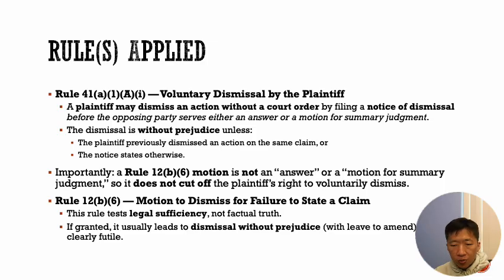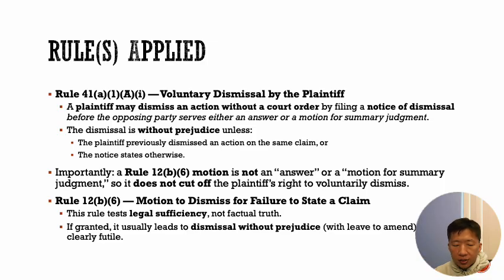The plaintiff has the right to file a notice to dismiss the case without a court order, before an answer or a summary judgment has been served. And of course, the dismissal will be without prejudice, unless the plaintiff previously dismissed an action on the same claim or the notice states otherwise.